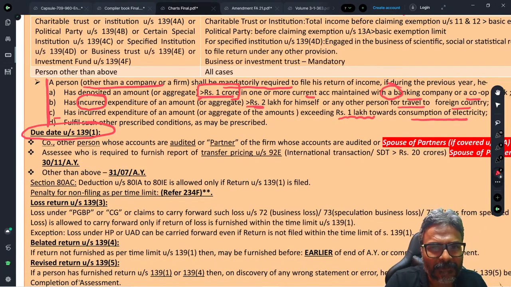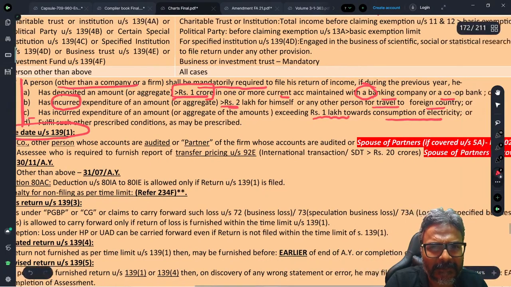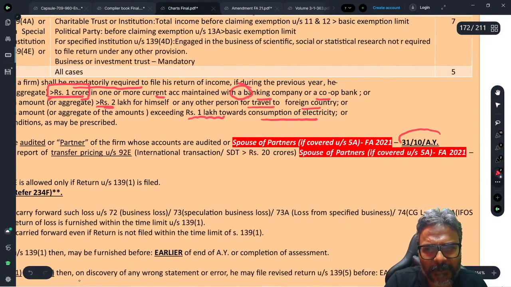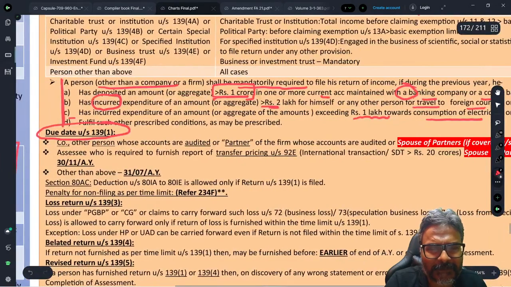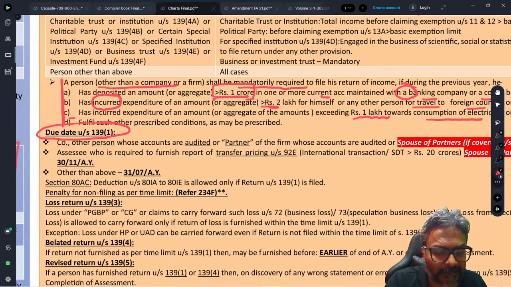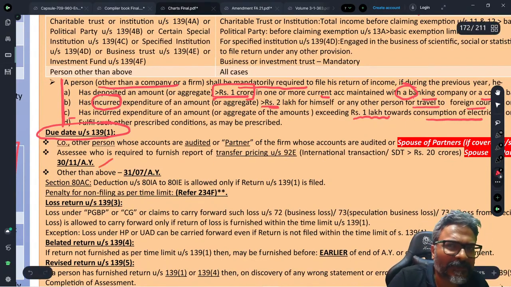In this particular context, students, we can say that supposing the due date is 31st of October, then in that case, the 30th of September will become the due date to file those reports. Same is the case with transfer pricing.